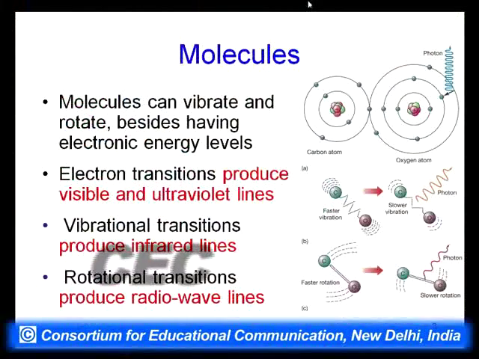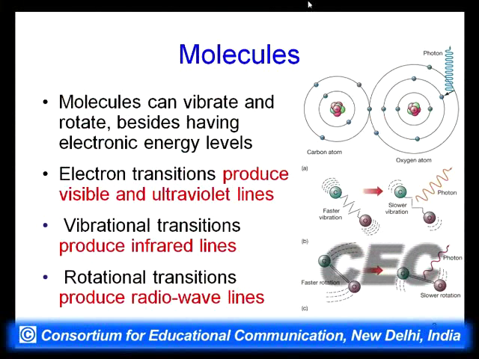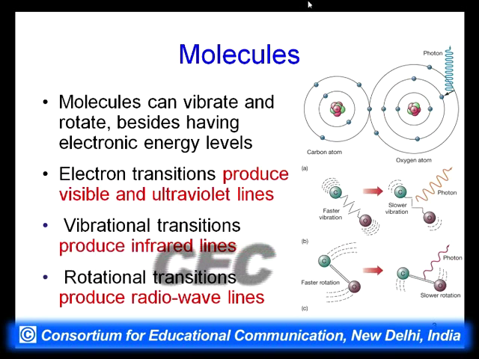Now, before we move over to this branch of spectroscopy, the molecular spectroscopy, let us see how molecules are different from atoms. While the atoms can only have electronic energy, molecules can also vibrate and they can also rotate, and obviously they also have electronic energy levels. So besides the electronic energy levels, they also have vibrational energy and rotational energy.